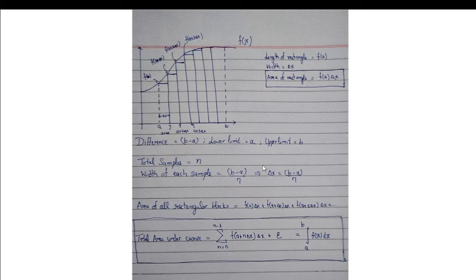That is, if we increase the number of samples, then that error, that delta x, will reduce, and reducing this delta x means that this error will also reduce. When I make a program in PowerShell, you will see that as I increase this delta n, as I increase the number of samples, this delta x will approach 0, and this error will decrease, and we will get the exact area under the curve, which is nothing but the integration of function f(x) from limits a to b.